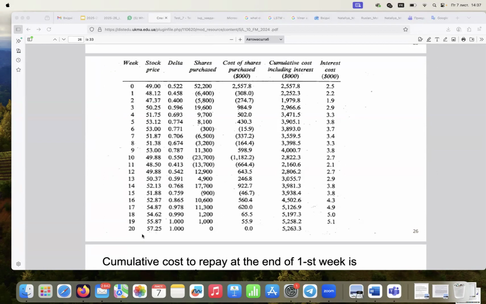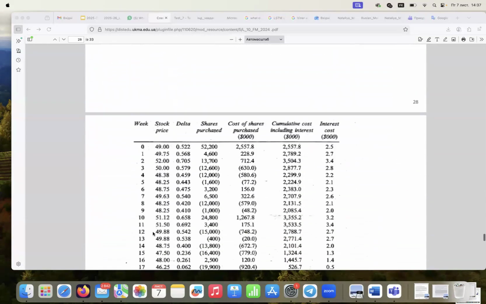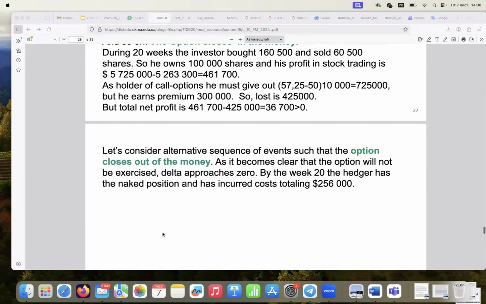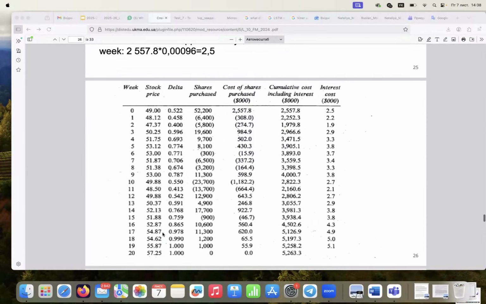So you see that the stock price is more than the strike price. So we are in the money. There is another scenario when the stock price is below 50, and in this case we are out of the money. Is it clear? These two scenarios, yes.